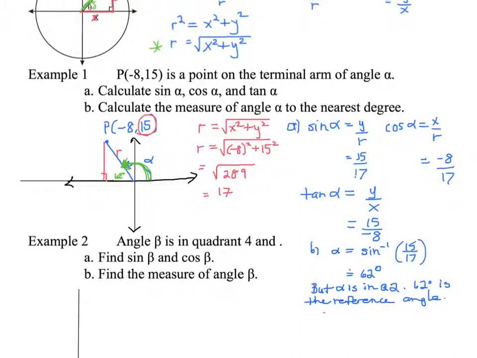So as I was saying, we can find the measure of angle alpha by subtracting 62 degrees from 180 degrees. So alpha is actually 118 degrees.